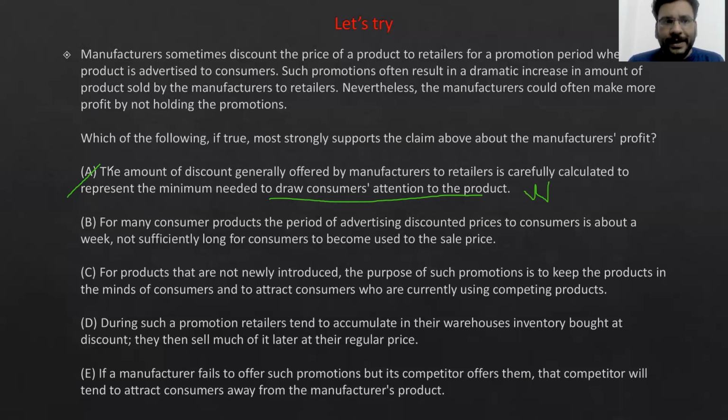So essentially, this supports the point. So it's not what I'm looking for, right? It does not strengthen my argument. Remember, my conclusion is let's avoid promotion, whereas option B says let's hold on, let's go for promotion. Let's look at option C.